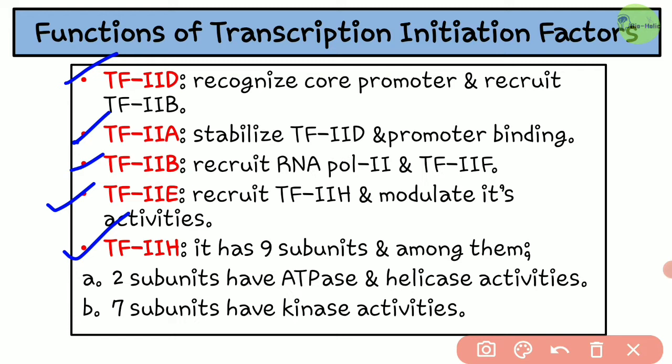And among the 9 subunits, the 7th subunit has kinase activity. By this, it can transfer the gamma phosphate of ATP to the C-terminal repeat domain in the largest tail portion of RNA polymerase II.